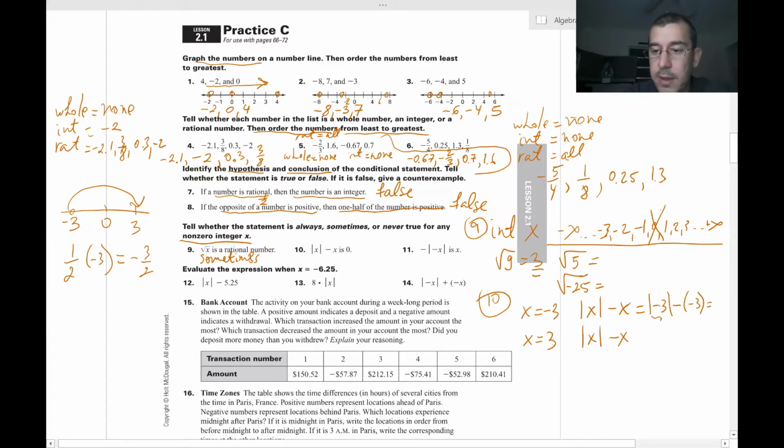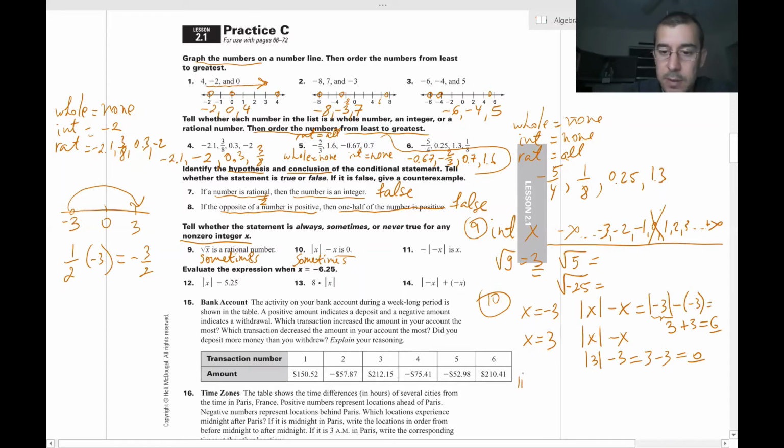The absolute value of a negative or a positive number is a positive number. So the absolute value of -3 is 3, and then minus -3 is +3. So this becomes 6. Next one, if x is 3, we have the absolute value of 3 minus 3, which is 3 minus 3 is 0. So it's 0 sometimes, but sometimes we get different numbers. So this is sometimes true.